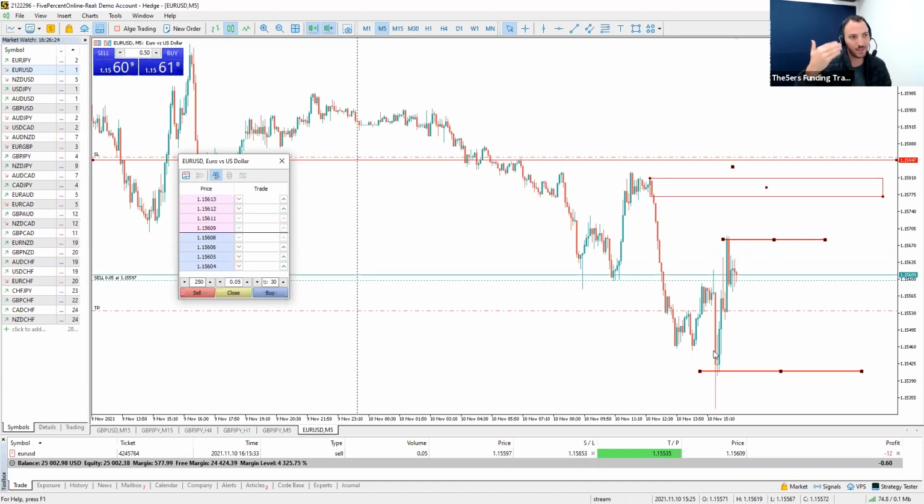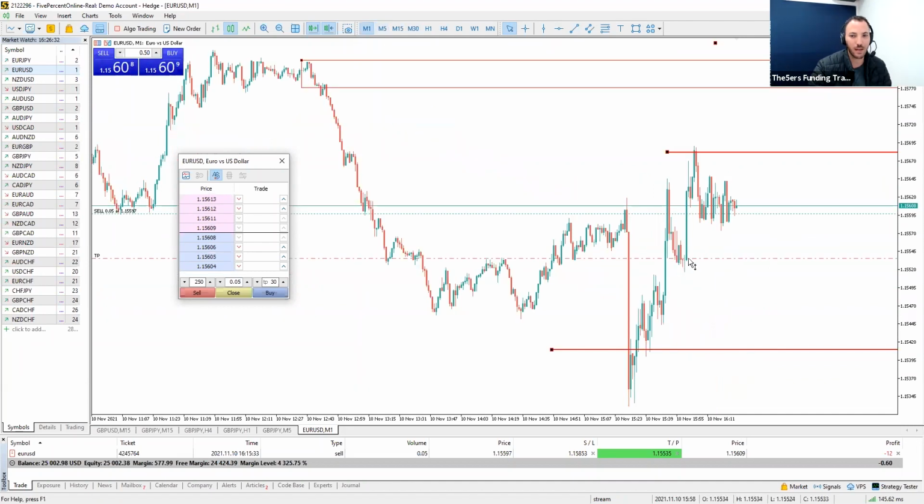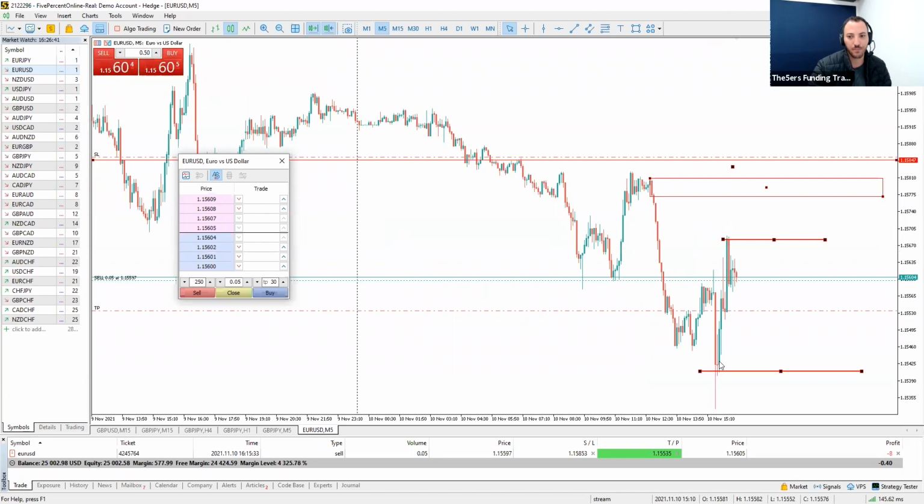But if I was thinking to go short, then there's this tiny demand on a 1 minute chart, so that would be a scalp target on a 1 minute chart, and then you have the scalp target on the 5 minute chart, which is these lows, in case the market pushes there.